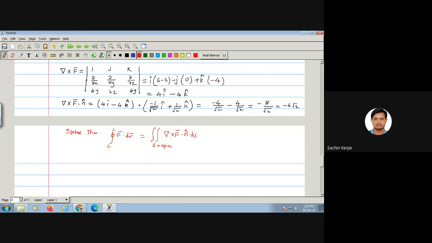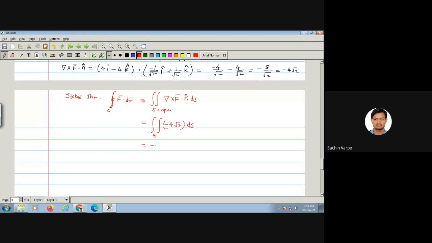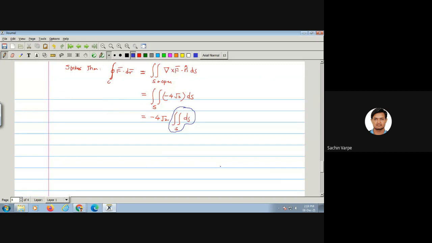So we have been asked to find the line integral using Stokes theorem, which means we have to calculate the right hand side. That is equal to the double integration of del cross F bar dot n cap, which we calculated as minus 4 root 2, ds over the surface S. I am taking minus 4 root 2 outside, integration of ds over the surface S. Is this the formula of something?